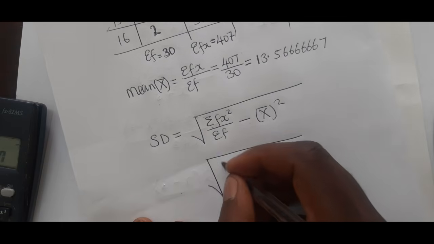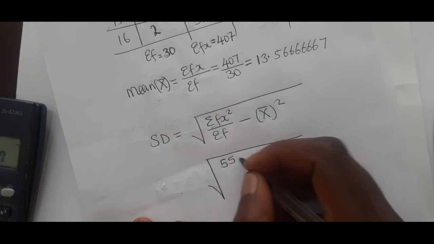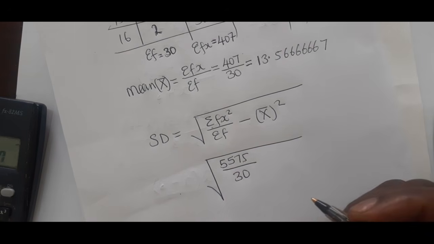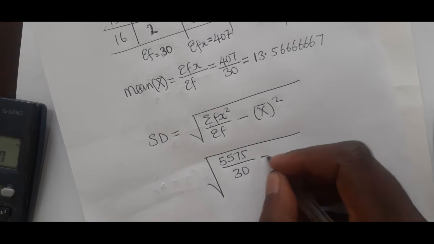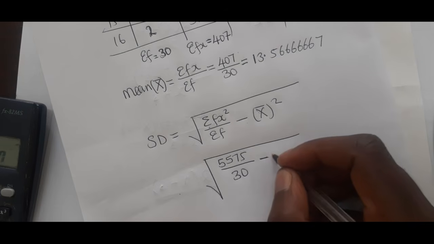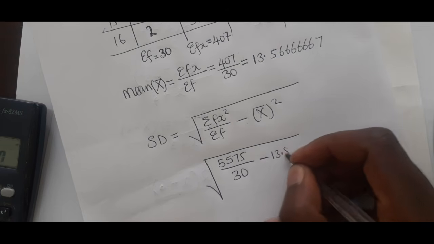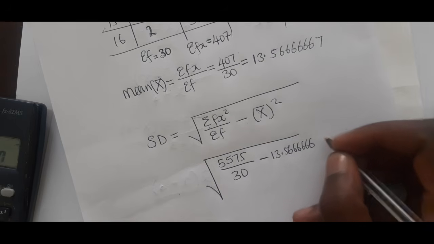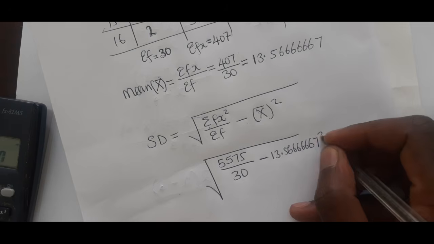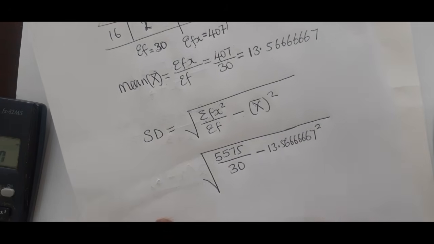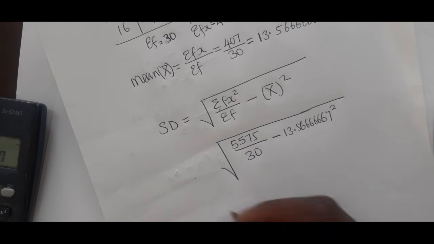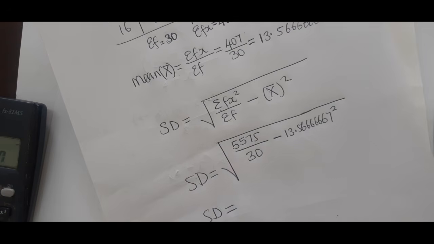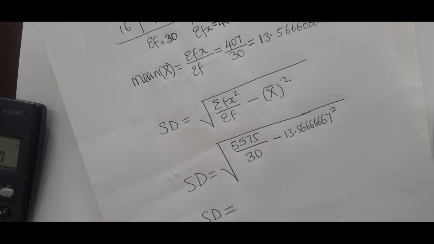We got 5575 divided by 30. Okay? Minus 13.567 squared. Okay? So what do we get?